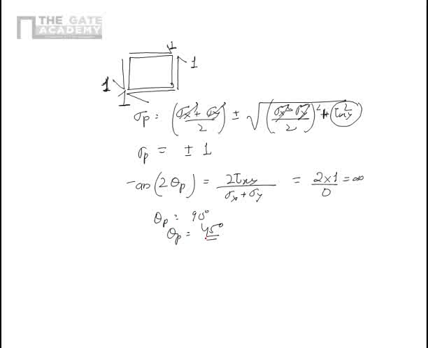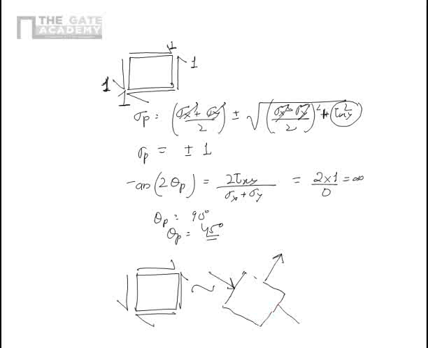So our planes are oriented with respect to the current planes by 45 degrees, which means if I have shear stress like this, then if I orient this element by 45 degrees, which will be something like this, I will have only normal stress, and normal stress will be like this, because one normal stress is plus 1, the other normal stress is minus 1.